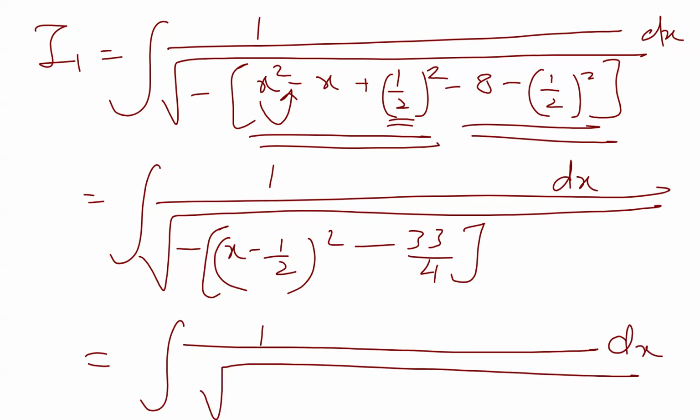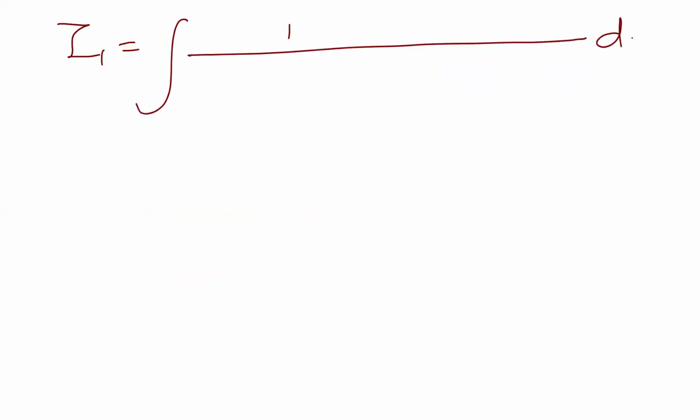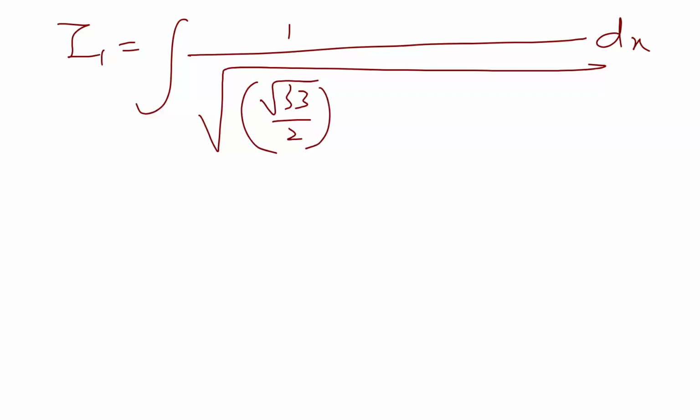Take this minus sign inside, so it will be 33 by 4 minus (x minus half) the whole square. So I1 is 1 upon root of 33 by 4 minus (x minus half) the whole square.